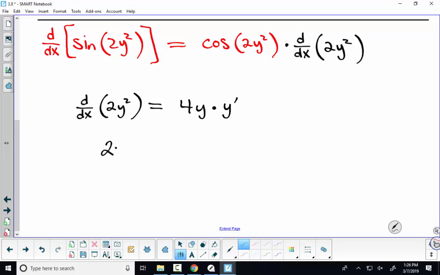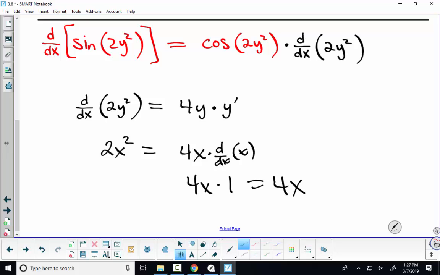If we take the derivative of 2x squared, it's 4x. Normally we would say it's 4x, but we're also multiplying it by the derivative of x, which is 1. So it's 4x times 1, and we just say that's 4x.